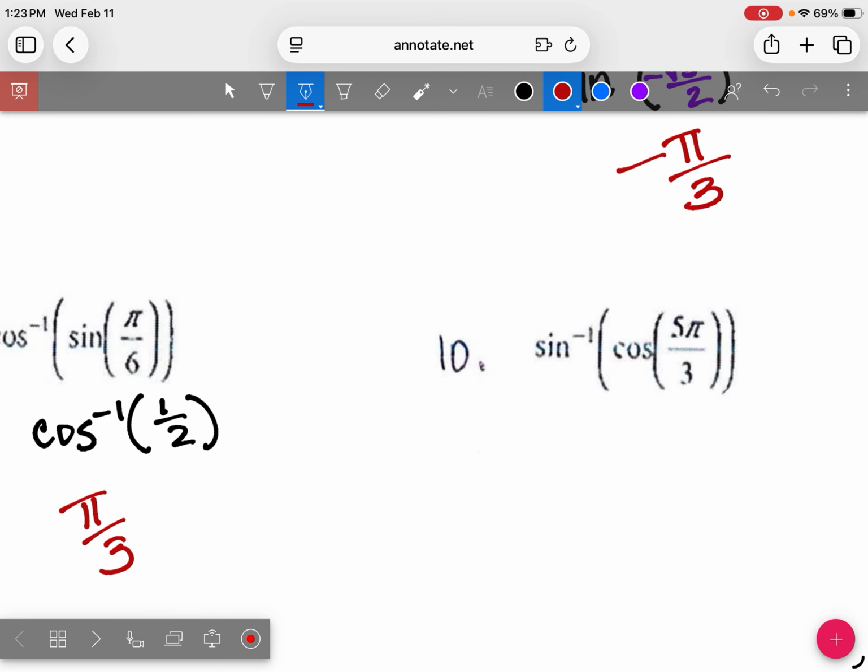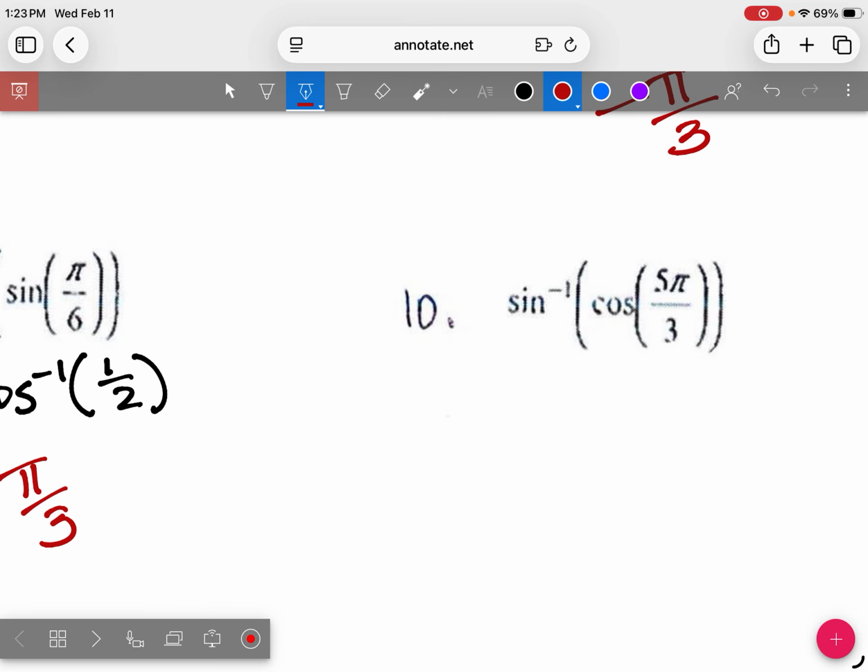All right, let's move over to number 10. Look at your unit circle. So, sorry, let me go back. The cosine of 5 pi over 3 is what?